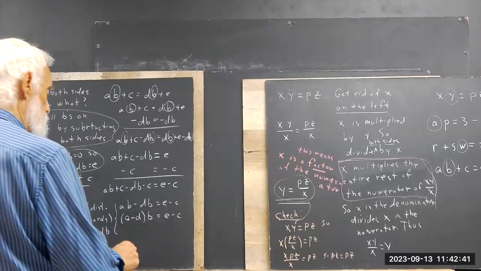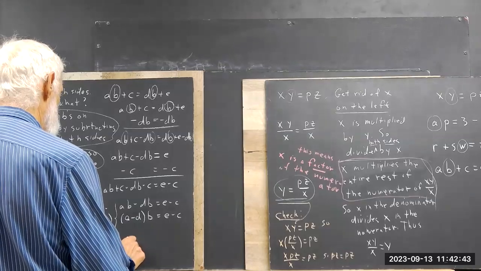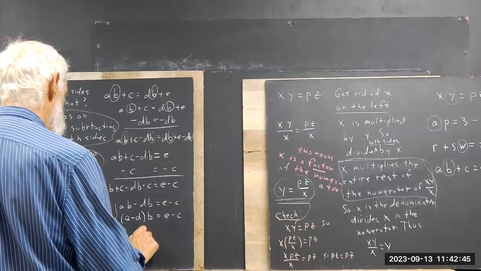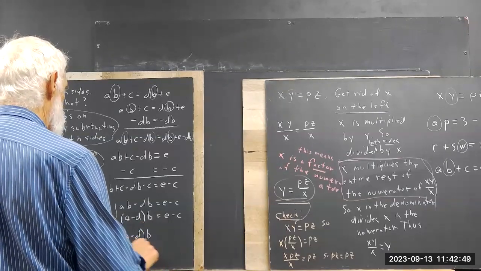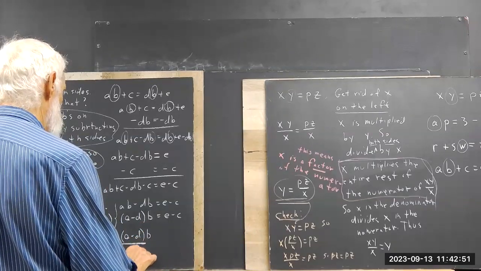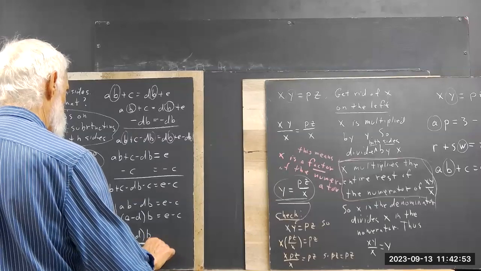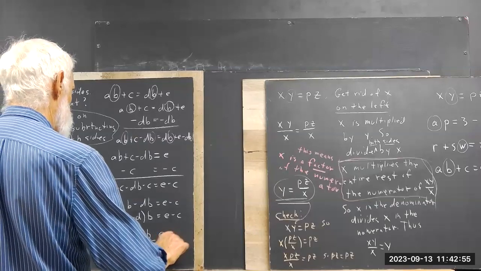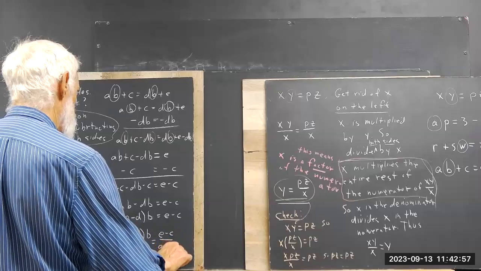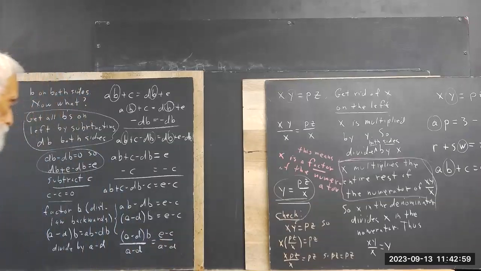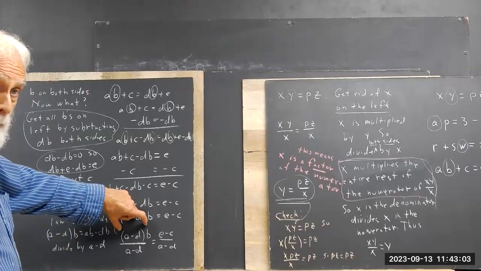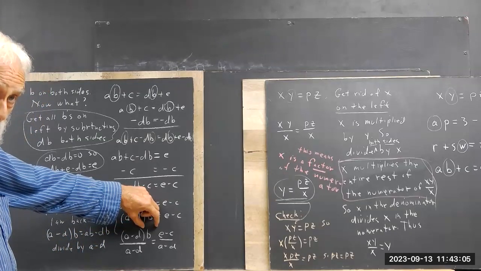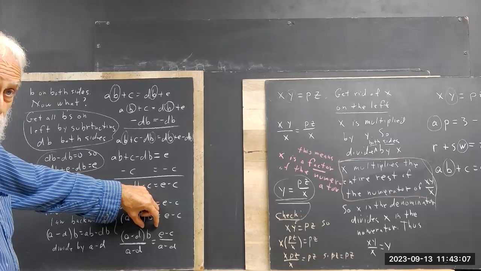Now, we divide both sides by A minus D. A minus D is a factor of the numerator. It multiplies everything else in the numerator, which is just B in this case.